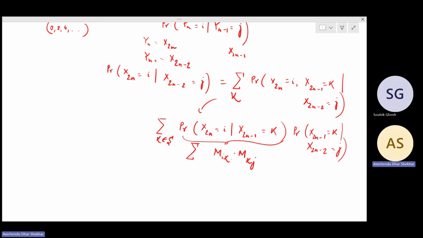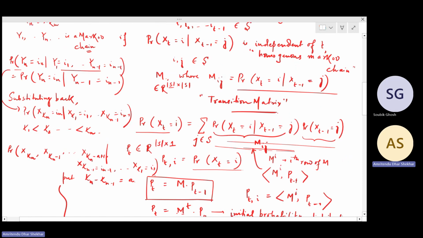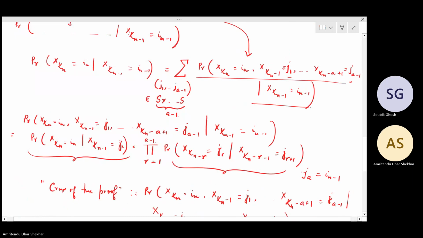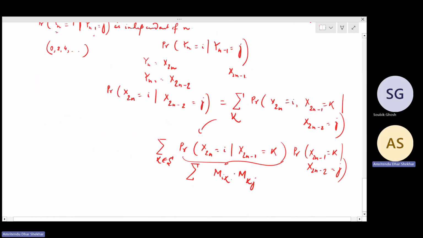Whereas in the latter case, where you have a subsequence which is not regular, in the sense that the differences between the indices are not constant, you will not have a homogeneous Markov chain, because you can show that the transition map is going to depend on n.